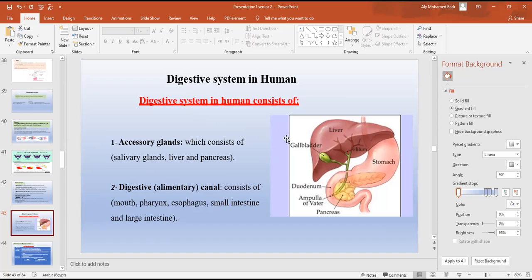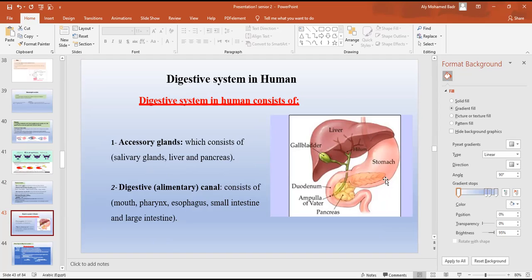This system consists of two main parts: the accessory glands and the alimentary canal. The accessory glands consist of the salivary glands, which are present inside our mouth under our tongue, the liver, and the pancreas.